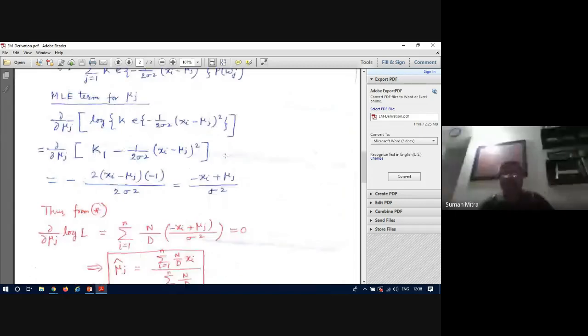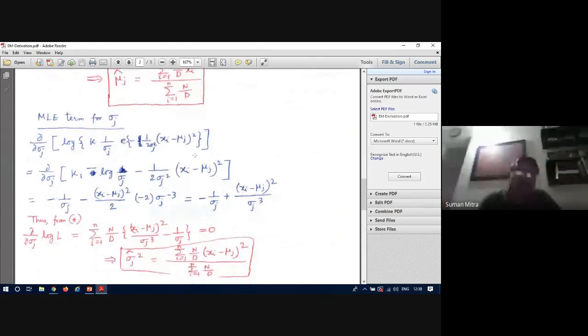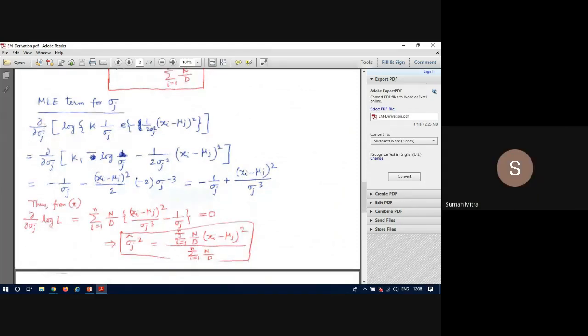Now, if we want to do the same thing for sigma j, assuming that mu j is constant, so the del sigma j will be this one, where sigma j is unknown and mu j is constant.